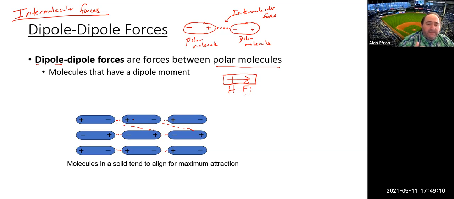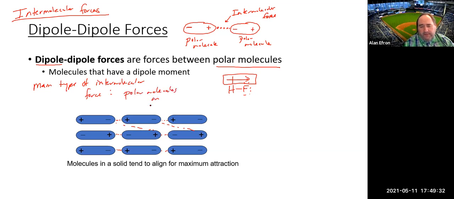So this type of interaction, dipole-dipole forces, is the main type of intermolecular force when we're dealing with polar molecules and polar molecules. So basically two polar molecules together.